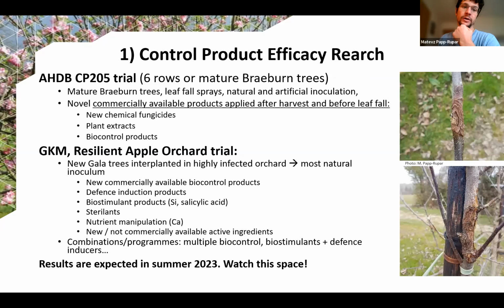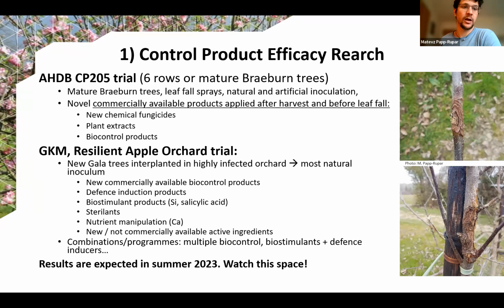We have 2 ongoing trials to find new products to control canker, particularly at leaf fall. And we have an AHDB funded trial, and we have the Growing Kent and Medway Resilient Apple Orchard trial, and they sort of go hand in hand. Both looked at new products that are already on the market.